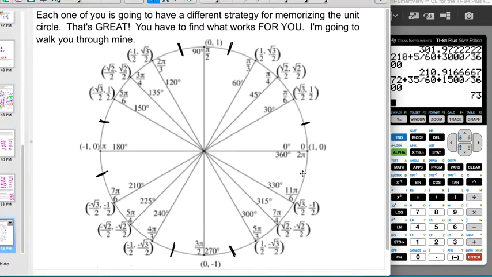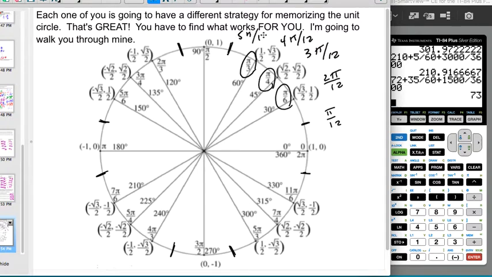So what you can do is you can say this is a pi over 12, which is not in the unit circle, but this is a 2 pi over 12. Well, look what 2 pi over 12 simplifies to. It's a pi over 6. 3 pi over 12, oh hey, there's a pi over 4. 4 pi over 12. And notice those ones that we inserted on the circle, they don't show up because they don't simplify. Like 5 pi over 12 doesn't simplify.